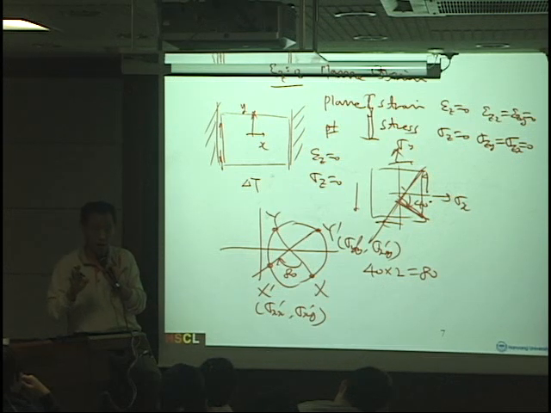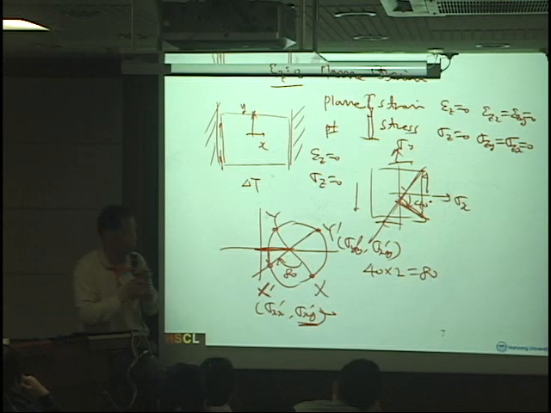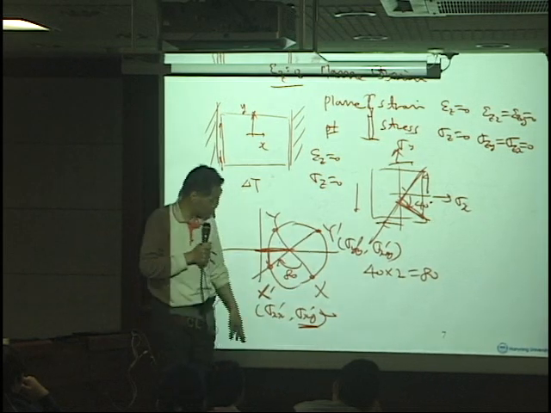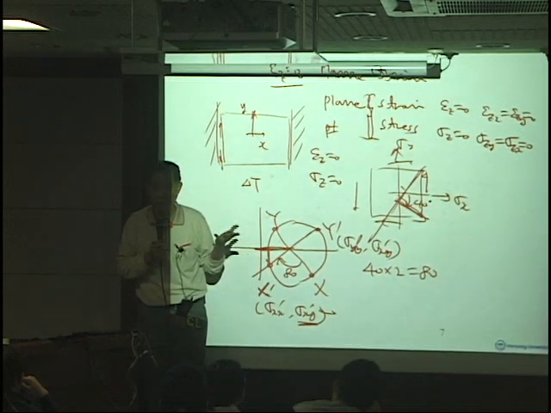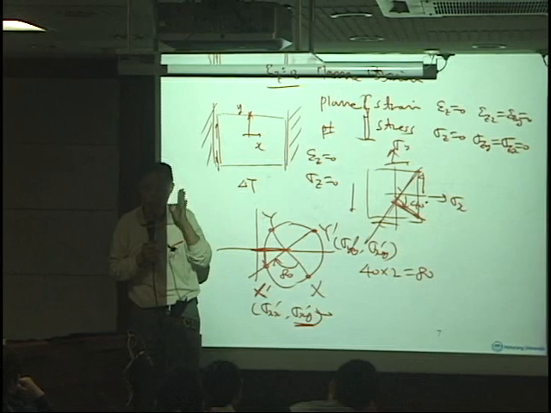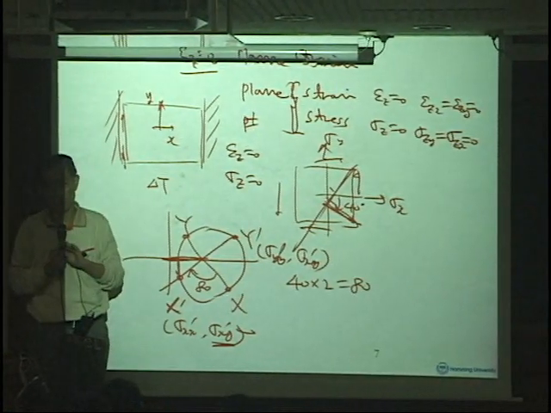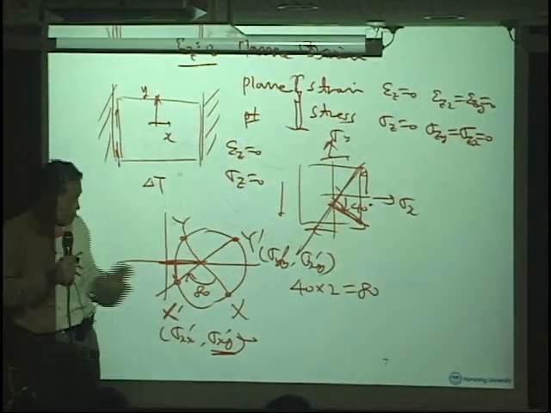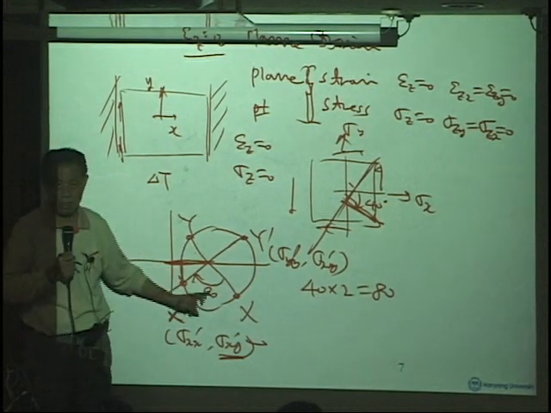Simple. Now, if this x prime is lower than this axis, you got this value, then is sigma xy positive or negative? Positive. Yes. That's all you need to do. Graphically, you can tell how much you rotate.